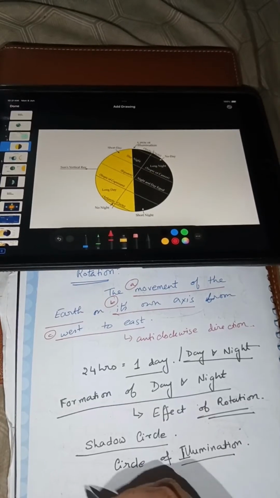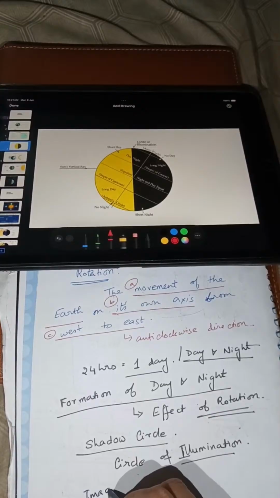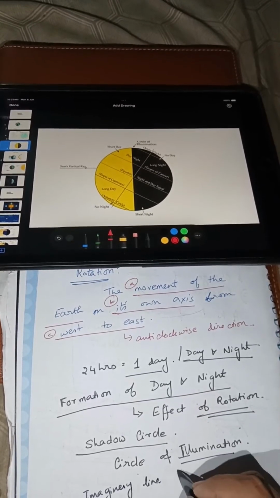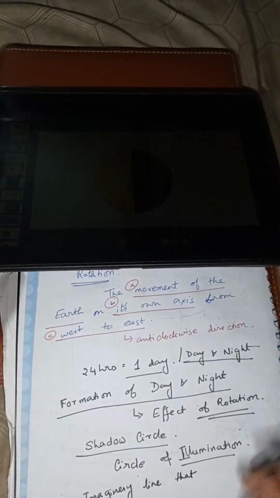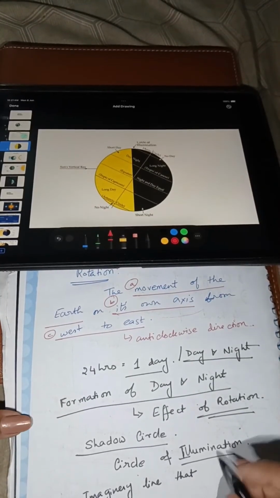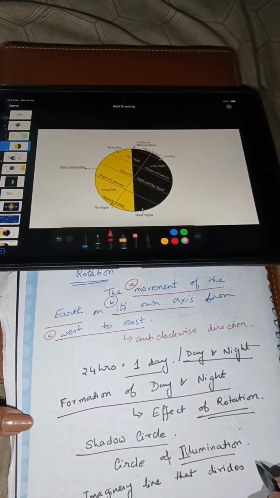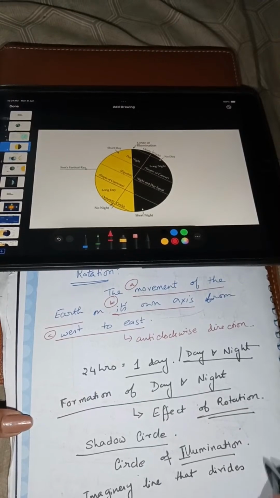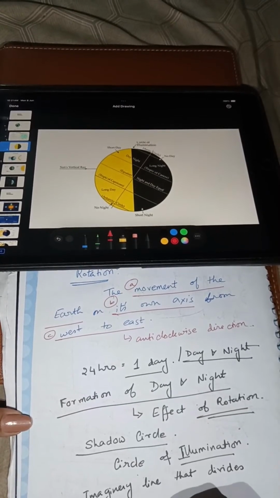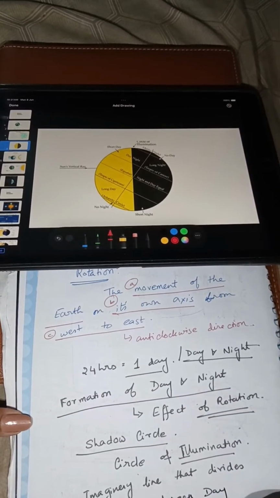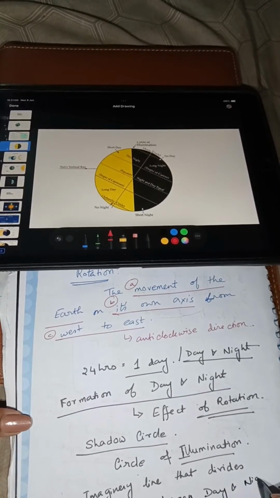Now this is also an imaginary line that divides between day and night.